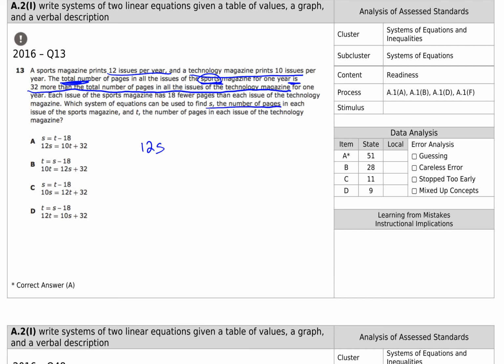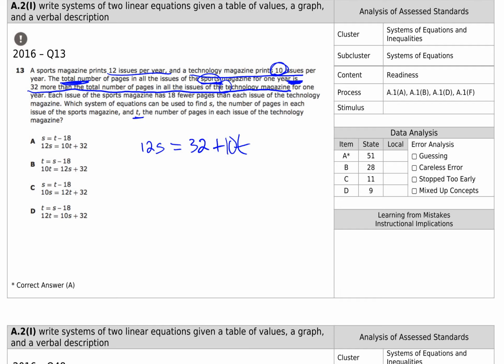S is the number of pages. It told us that later in the paragraph. So it's 12 times the number of pages in each of those, and then that sentence saying the total number of that is equal to 32 more than the total number of pages in the technology magazine, and we'll call that T. So that's 32 plus T. And technology had 10, so it'd be 10T.